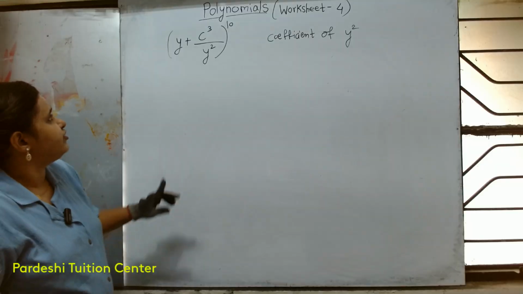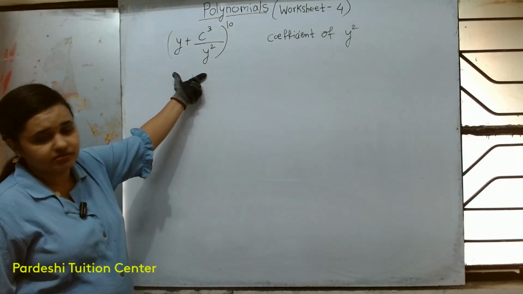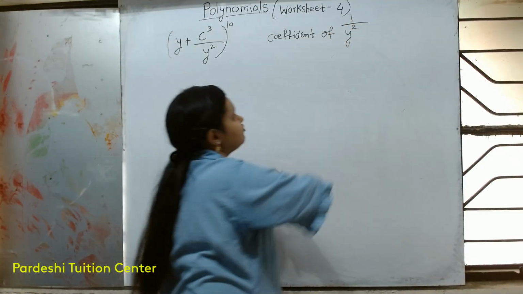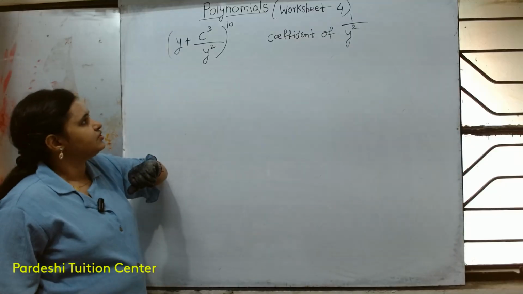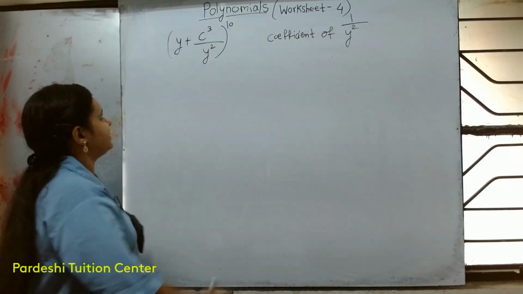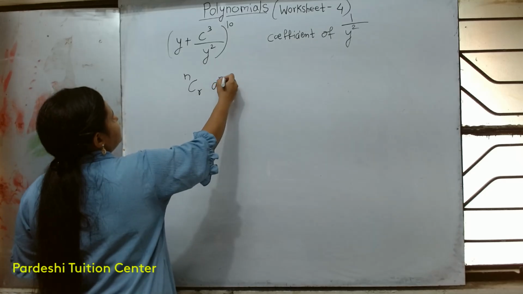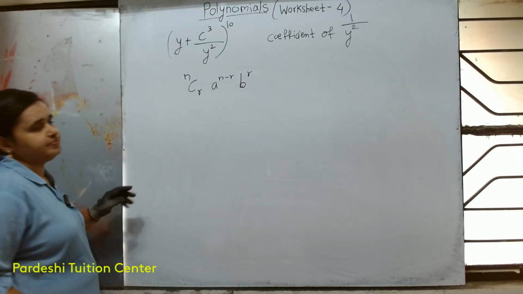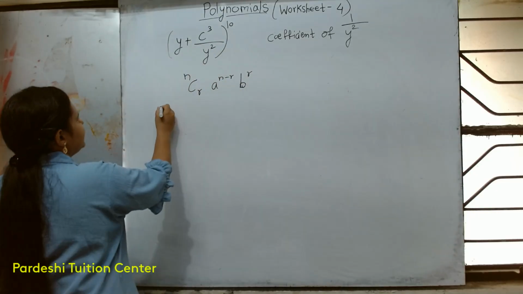Now how will you find in which term 1 upon y square is? You can find it by nCr a to the power n minus r, b to the power r, by this formula. Here n is 10, so I can write 10.